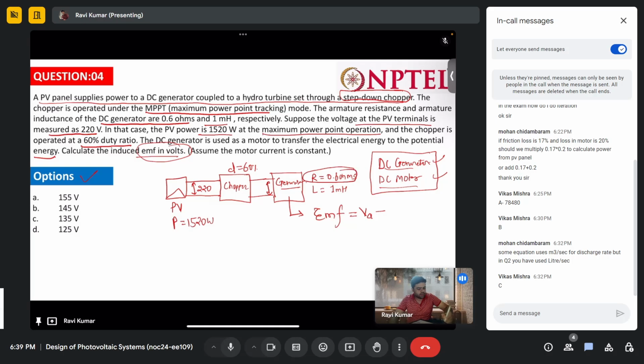Voltage in this coil will be V equals to IR. What is R? We know. What is IA? We don't know. What is VA? We don't know.